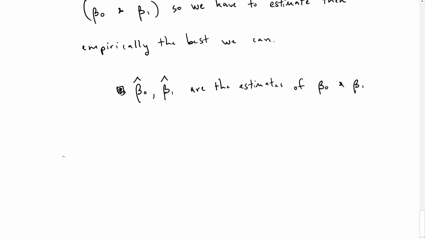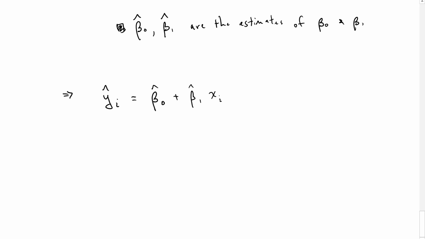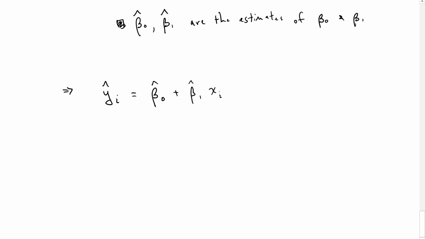And when we do that, we're going to estimate the following equation. yi hat, anytime there's a hat, it means estimation. So yi hat is equal to beta 0 hat plus beta 1 hat times xi. What's different here? One, the y now has a hat. X does not.